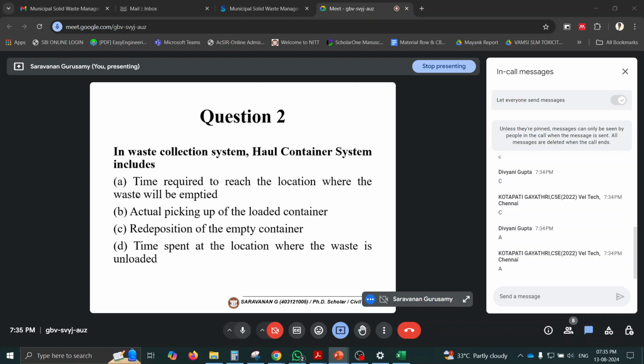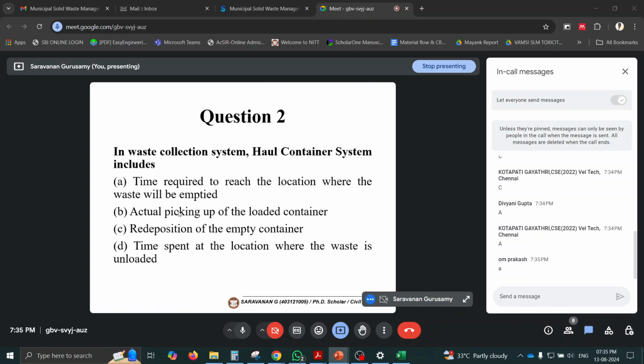Option A is correct: time required to reach the location where the waste will be emptied. That should be multiplied with 2, because that is a one-way route. If you want to find the two-way or round trip, you have to multiply the distance with 2.